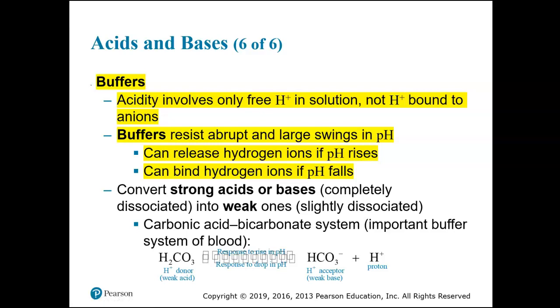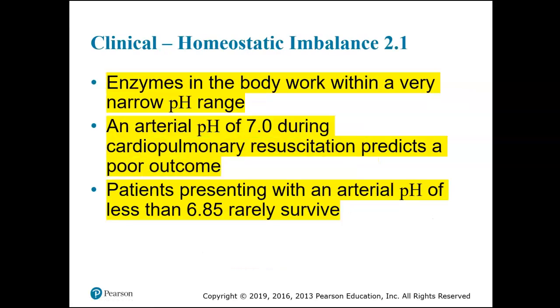So buffers resist changes in pH, and the carbonic acid bicarbonate buffer system is a very important buffer system in our blood. Now, this is a note on homeostatic imbalance 2.1. Enzymes in the body work within a very narrow pH range.